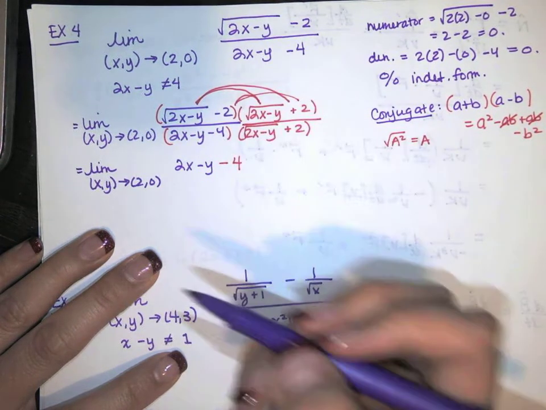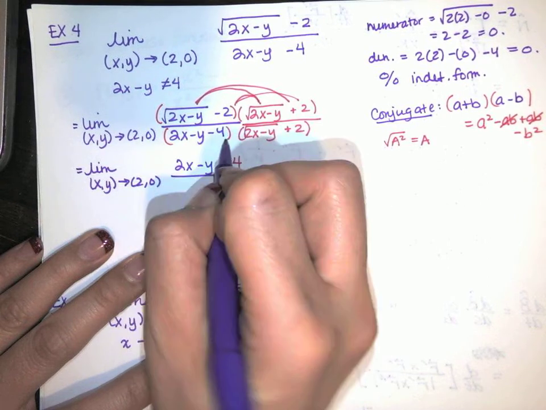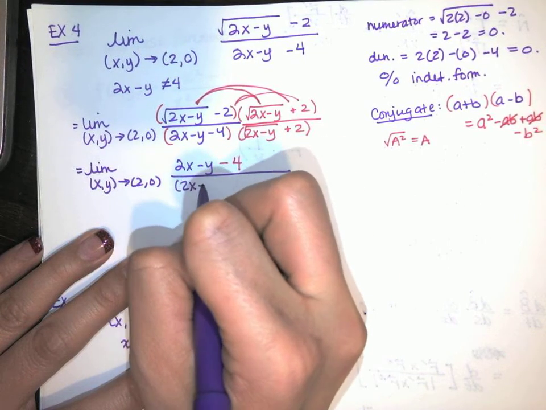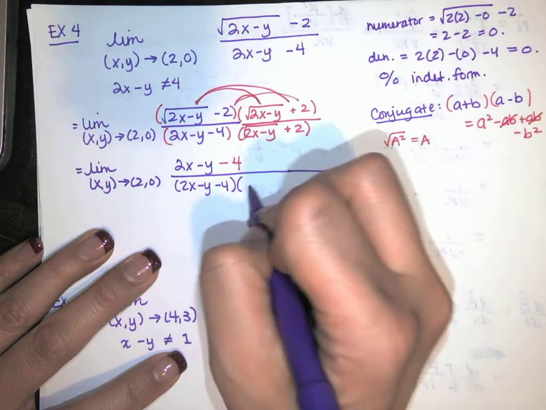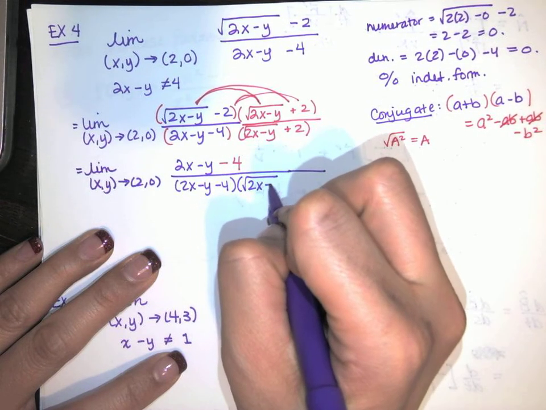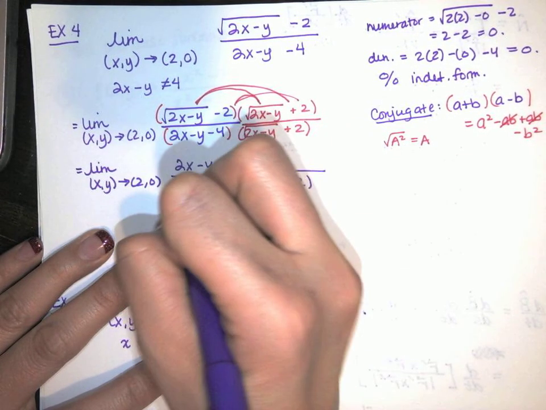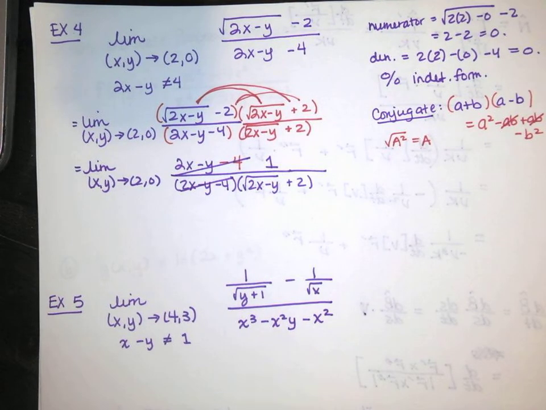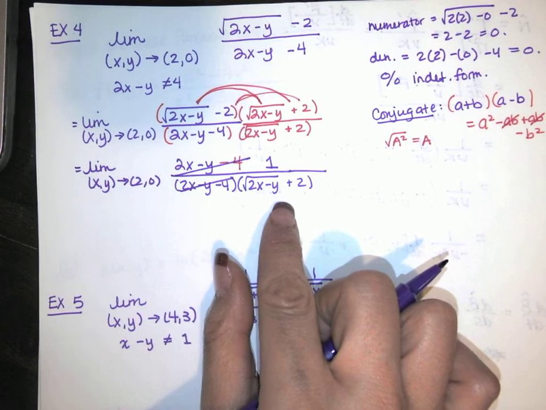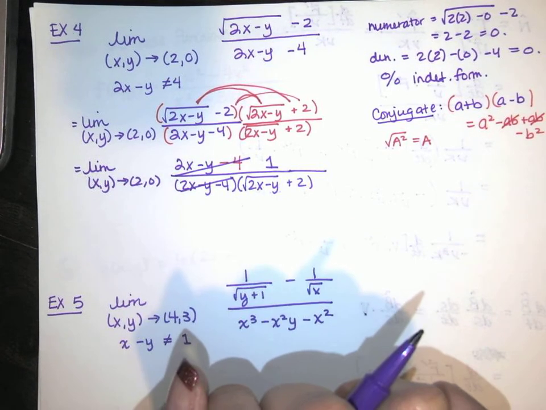You see it? There's a common factor that works out. So that reduces with that, and you get that. Now the question becomes, okay, when I plug in (2,0) now, do I have a 0 over 0 indeterminate form anymore?